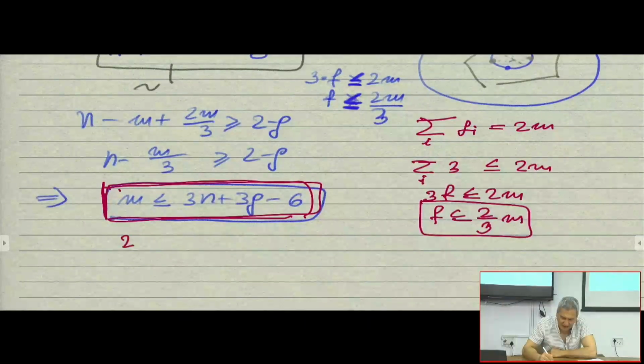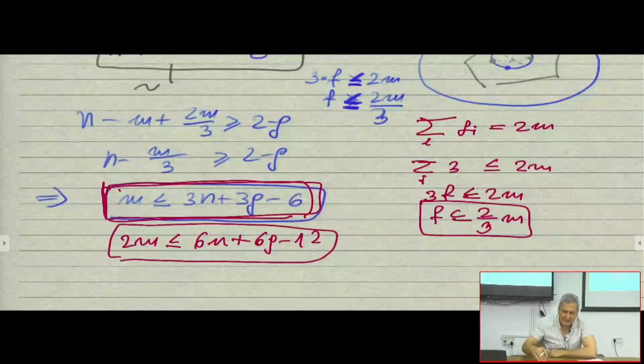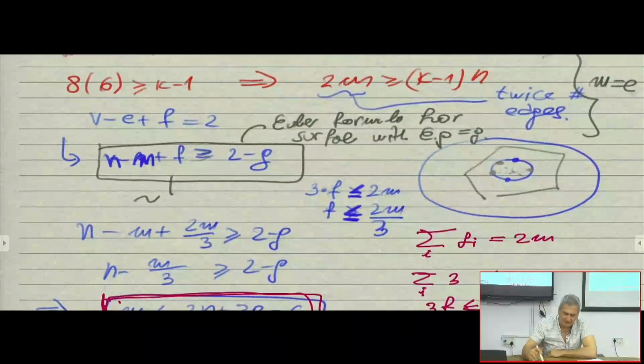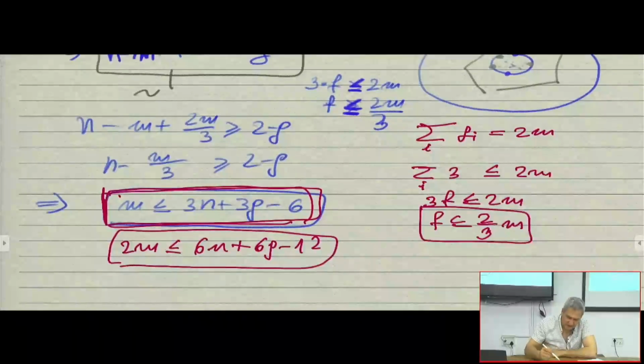Actually, 2M is at most 6N plus 6g minus 12. We need this now because we assume the graph is critical, so 2M is at least (k minus 1)N. So we have (k minus 1)N.